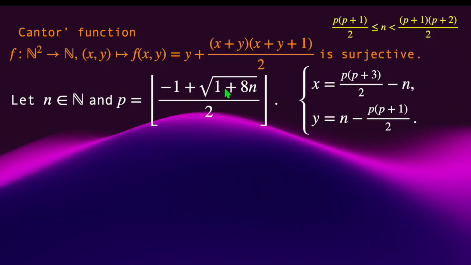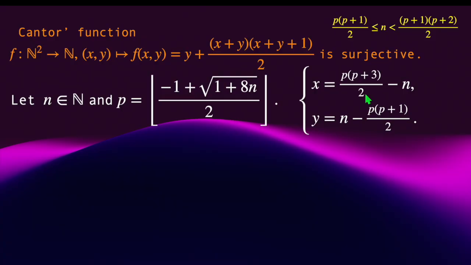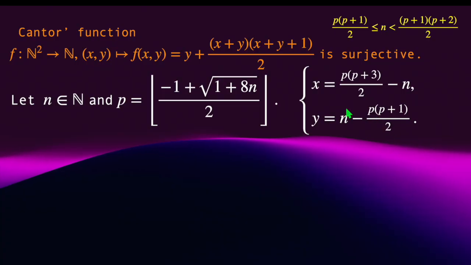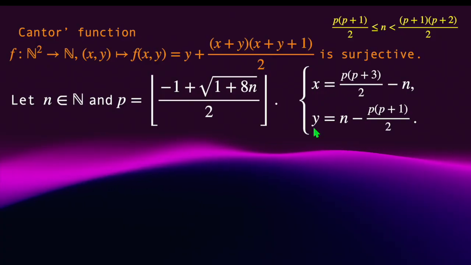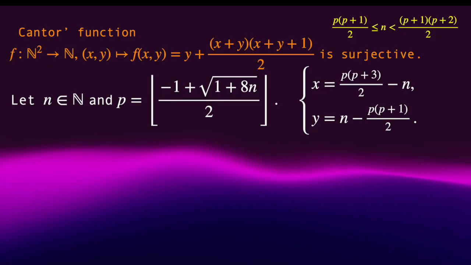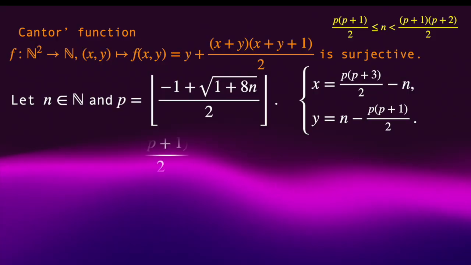So we put x equal to (p plus 3) over 2 minus n, and y equal to n minus p plus 1, and we will show first that x and y are natural numbers, and f(x,y) is equal to n.